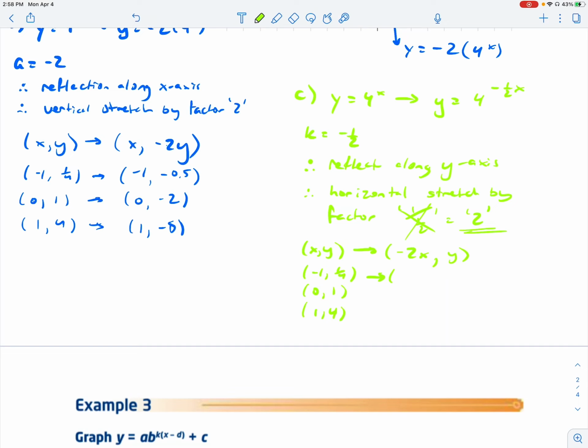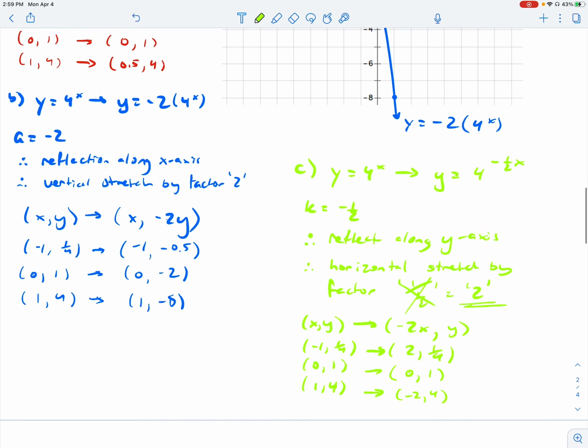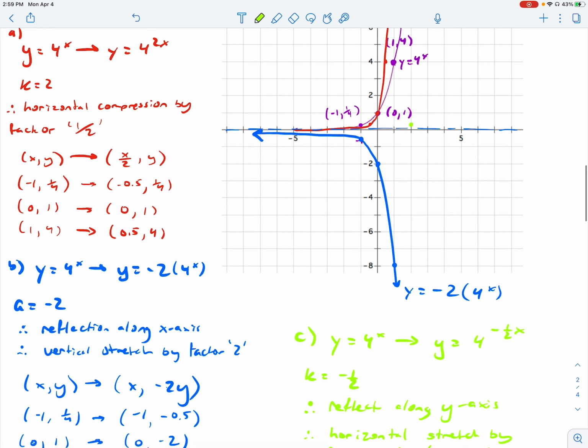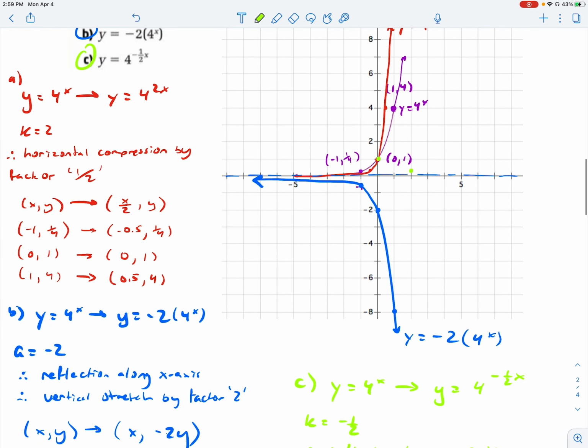So negative 1 times negative 2 is 2, so I'll have 2, a quarter. 0, 1, well 0 times negative 2 is still 0, so that point's unchanged. 1, 4 becomes negative 2, 4. So 2, a quarter, and 0, 1, and then negative 2, 4.